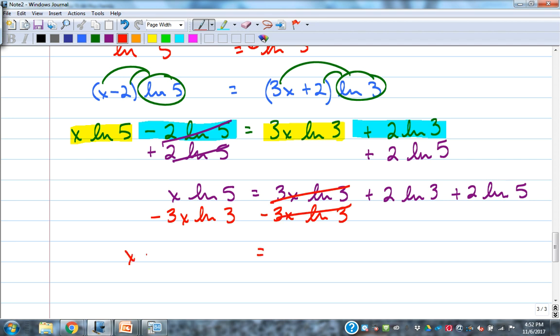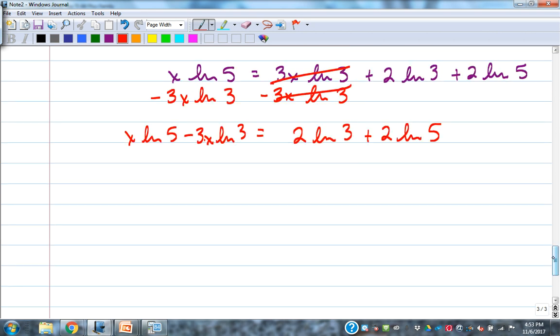So here I have x natural log of 5 minus 3x natural log of 3 equals 2 natural log of 3, 2 natural log of 5. What do these two pieces over here share? Well, the natural log is the same, but the factor that they share is the x.